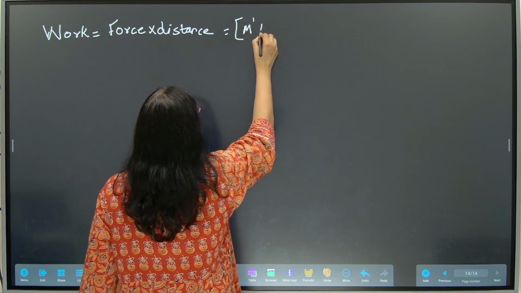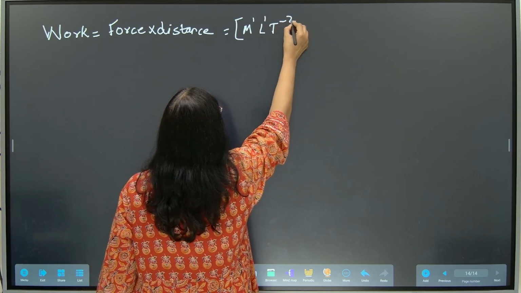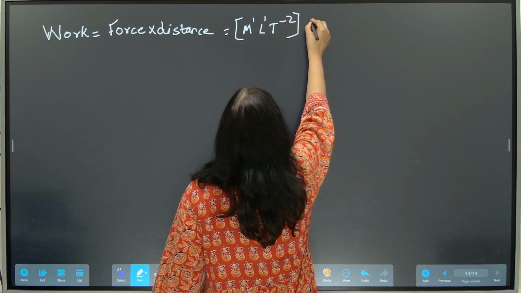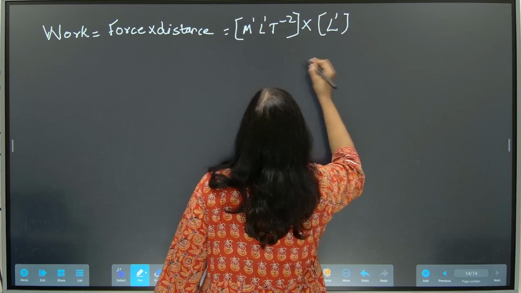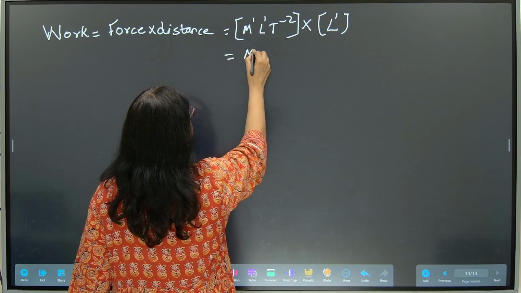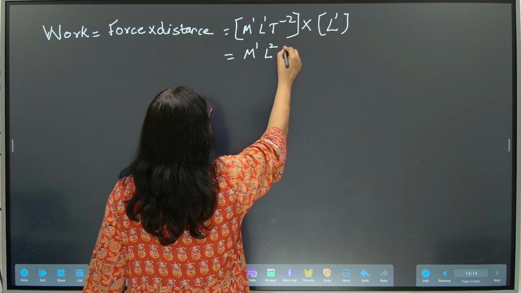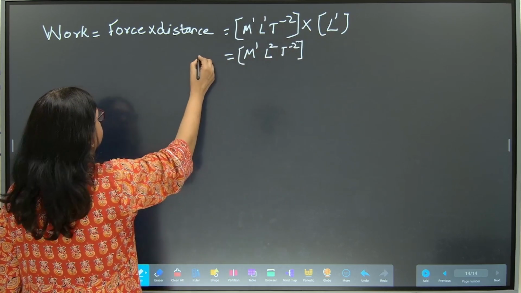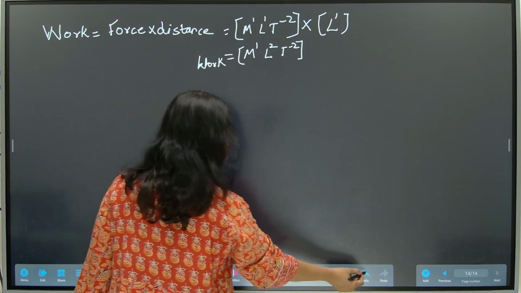M1 L1 T minus 2. Multiplied by the distance. So now calculating this part, what do we get? M raised to 1. L has 1 here and 1 there, so L raised to 2. T minus 2. This is the dimensional formula for work.